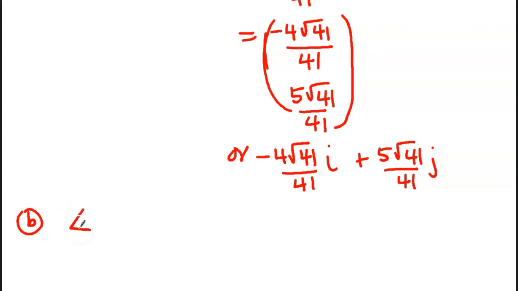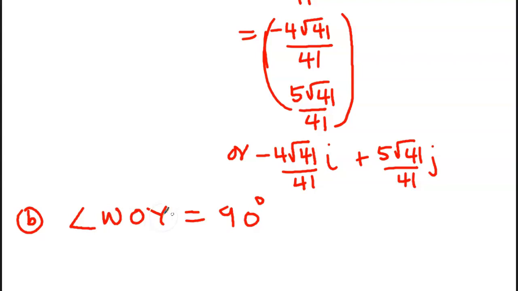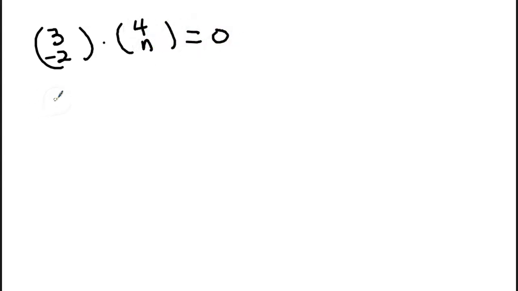So B. The question said angle WOY is equal to 90 degrees. If this angle is equal to 90 degrees, it implies that vector OW dot vector OY should give us 0. The dot product should give us 0. The position vector of W is 3, minus 2, dot the position vector of Y, which is 4, n, and this is equal to 0.